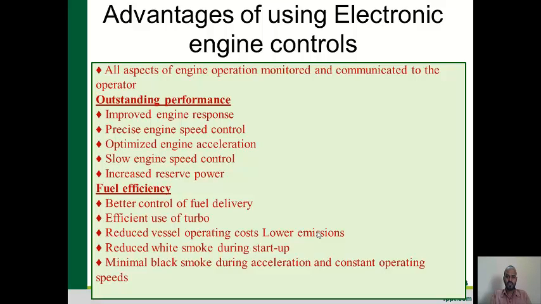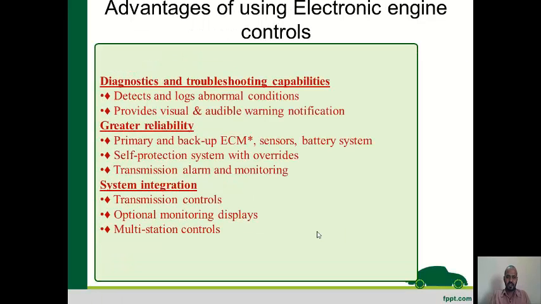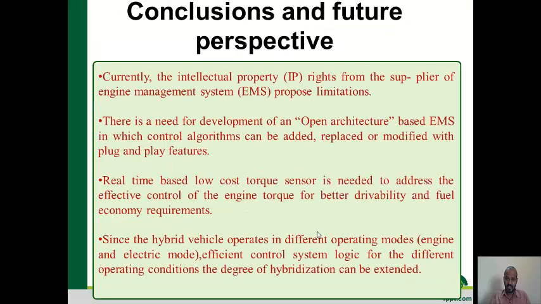Real-time control functions you can easily build by using electronic controls, as well as easy diagnostic troubleshooting, great reliability, and especially integration with the other systems. Depending upon this electronic engine control, you can easily integrate with the other systems.